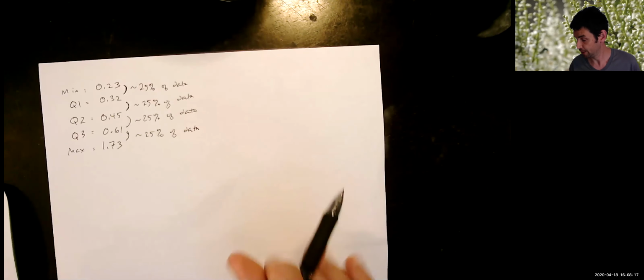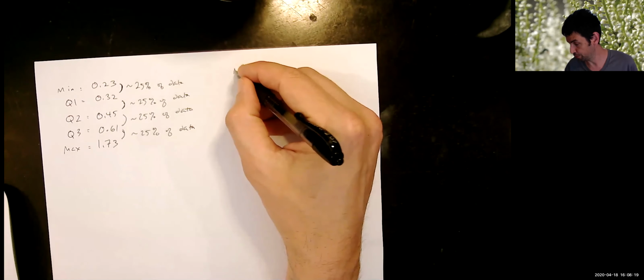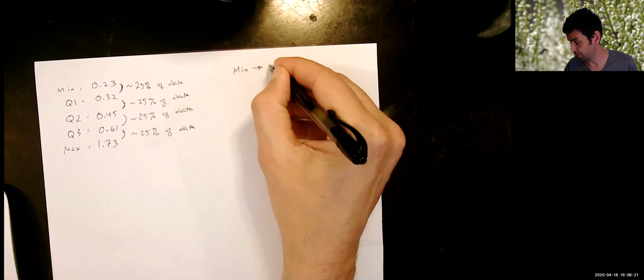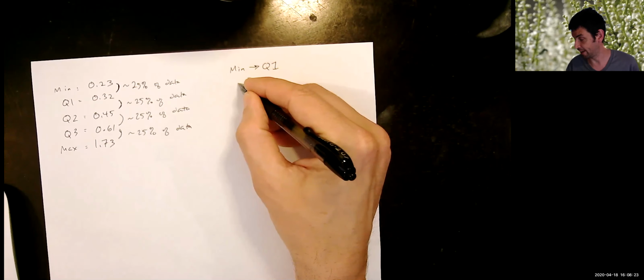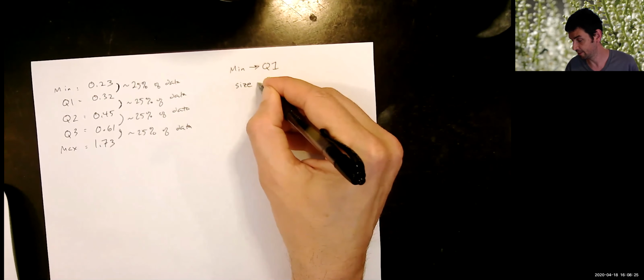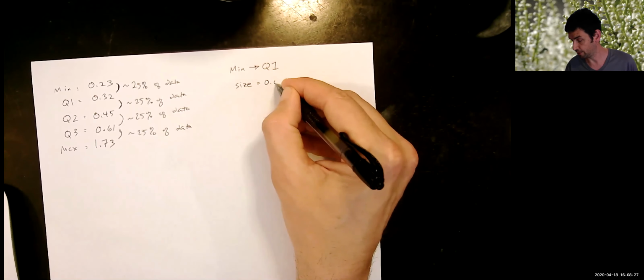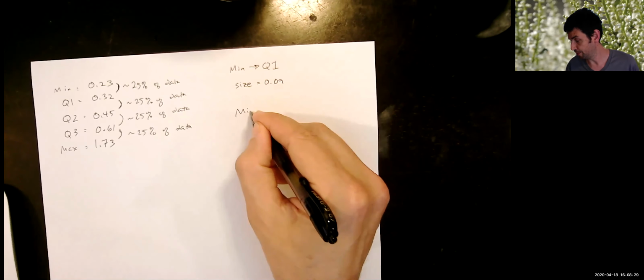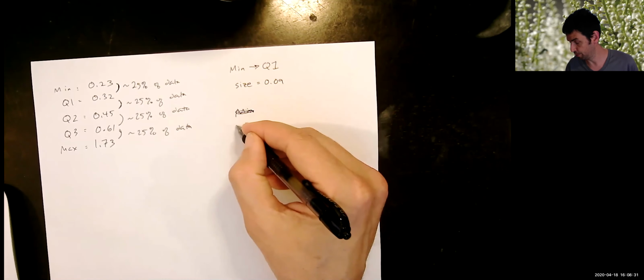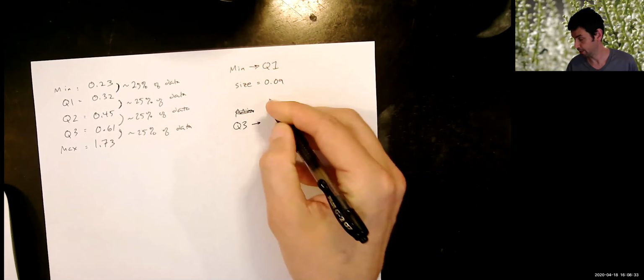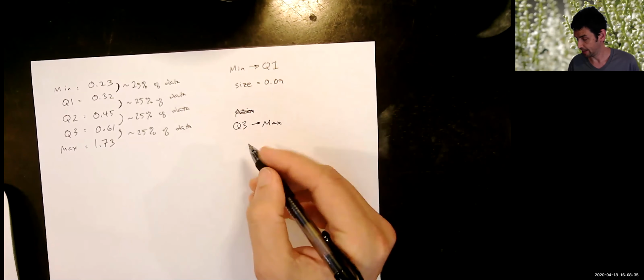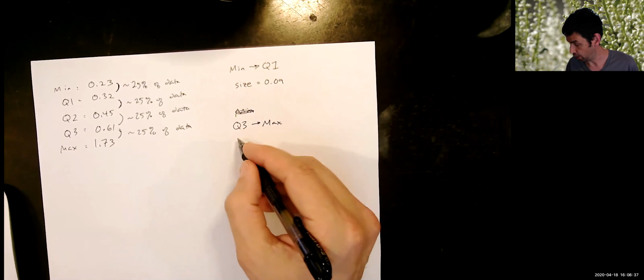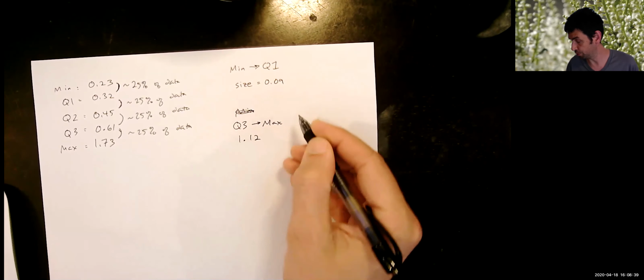So the room from minimum to Q1 has a size of 0.09. The room from Q3 to the maximum has a size of 1.12, right?